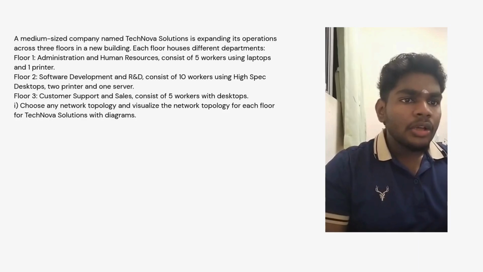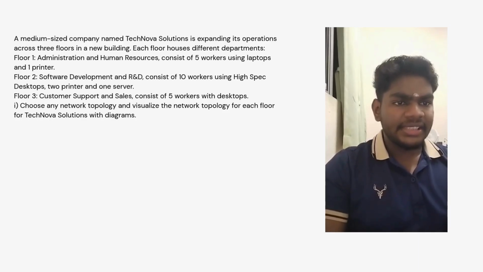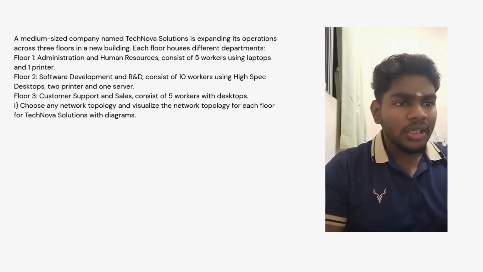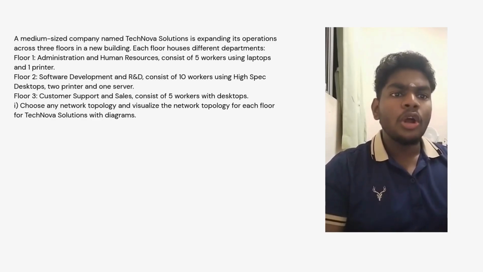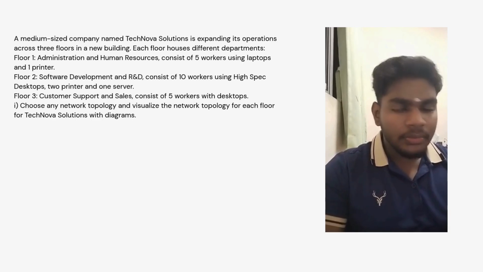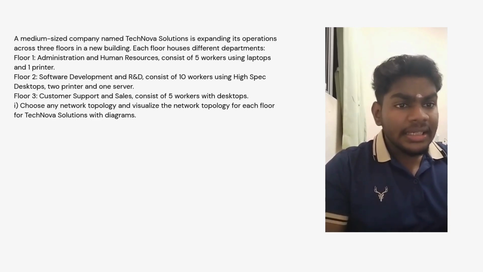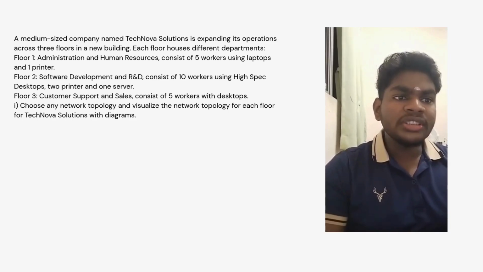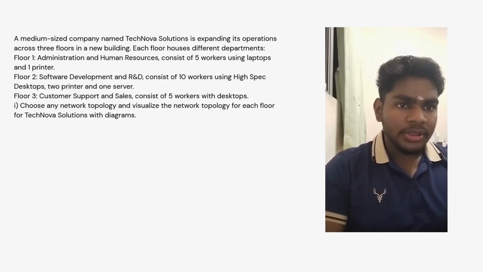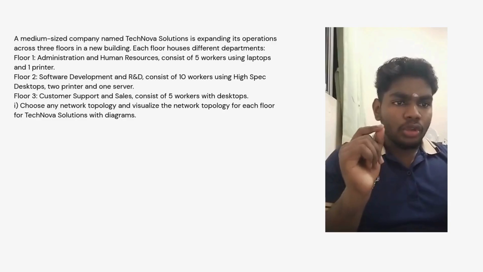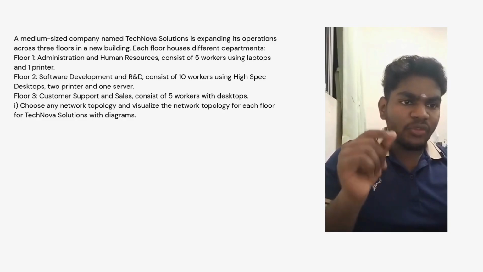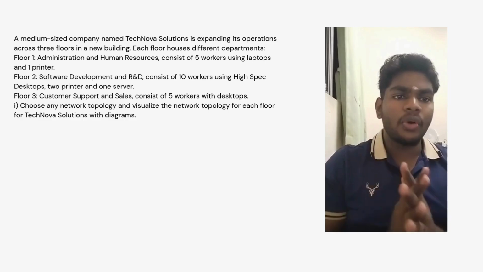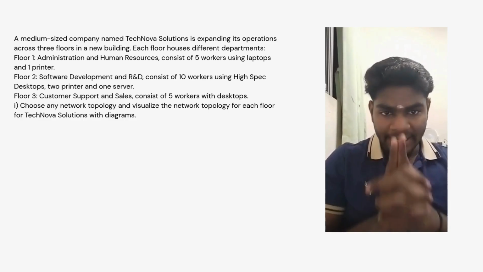Floor 2, software development and R&D, consists of 10 workers using high-spec desktops, 2 printers, and 1 server. Floor 3, customer support and sales, consists of 5 workers with desktops. Choose any network topology and visualize the network topology for each floor for Technova Solution with a diagram.